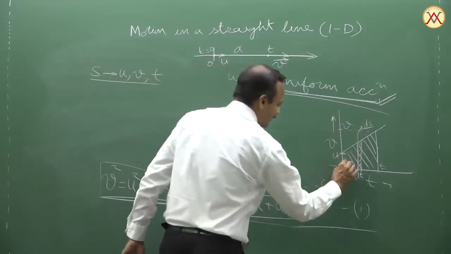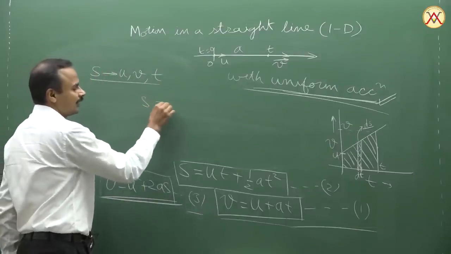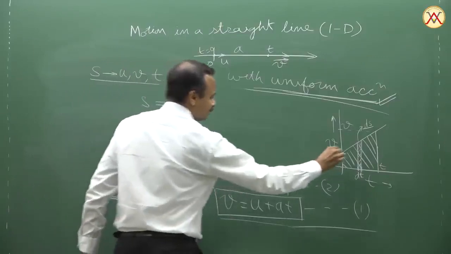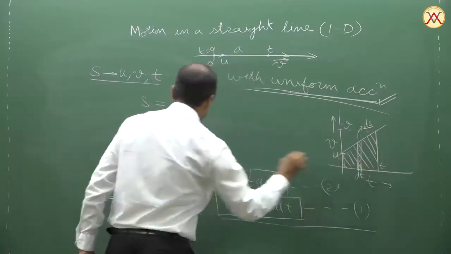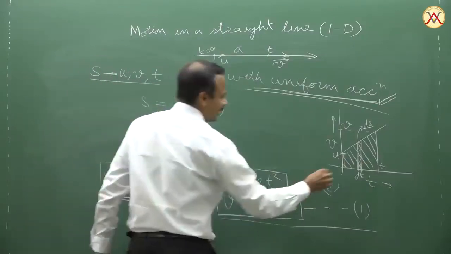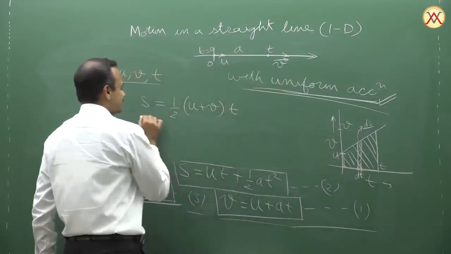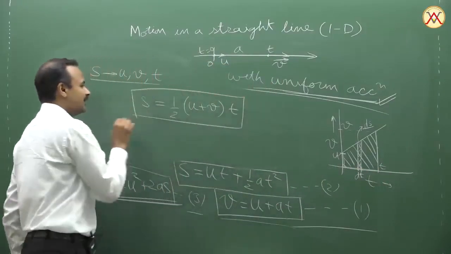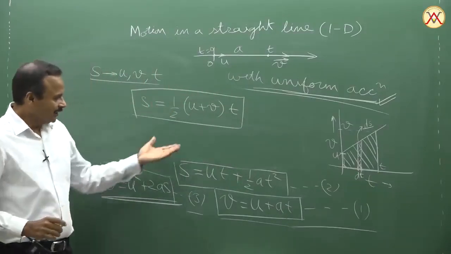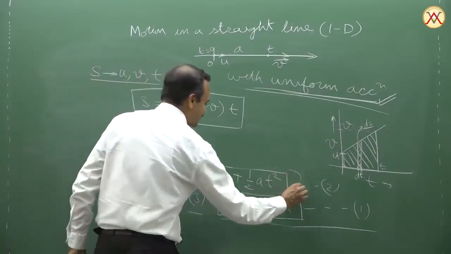Now this area is in the form of a trapezium. Area of a trapezium, you can write this as half of the sum of parallel sides, which are U and V. So half of (U plus V) multiplied by the distance between the parallel sides, which is T. So this is the required relation for S in terms of U, V and T. You can get this relation also by eliminating A between these two equations.